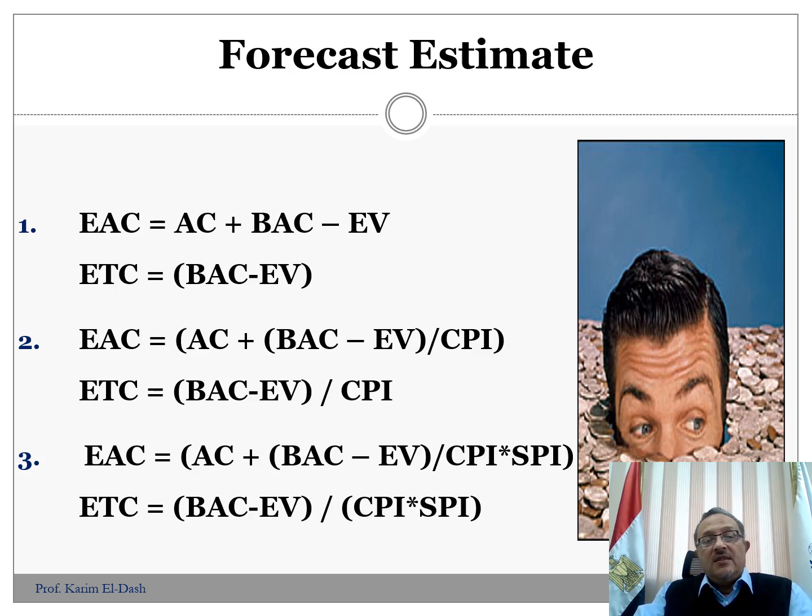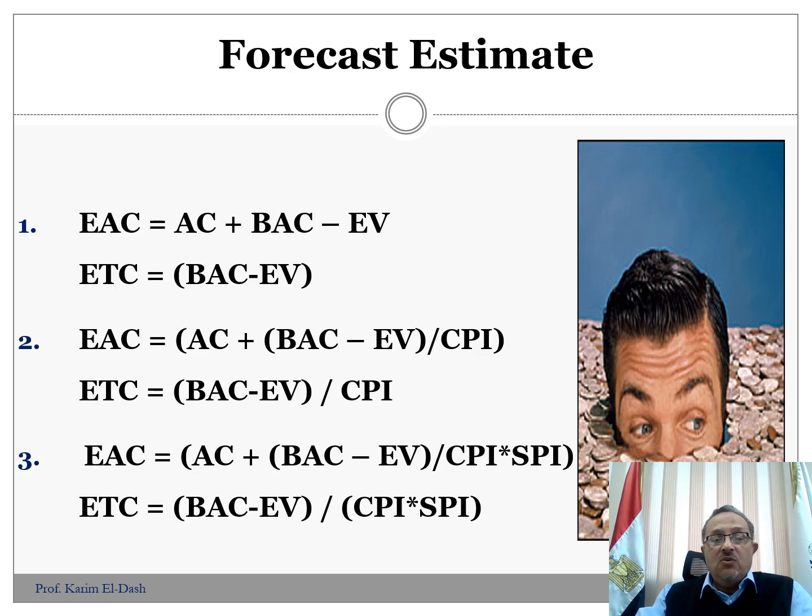So actually we have the original budget and then add the actual cost minus the earned value. If the actual cost is higher than the earned value, that means we are spending more than the plan. In this case, we have to add this difference to the original budget. That means the estimate at completion will be higher than the original budget that we have.